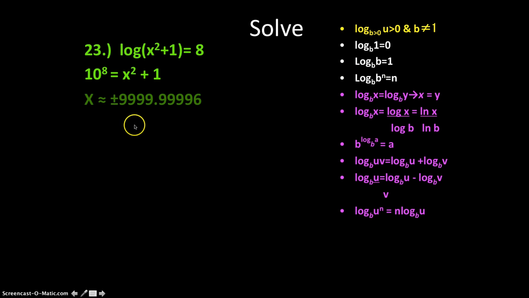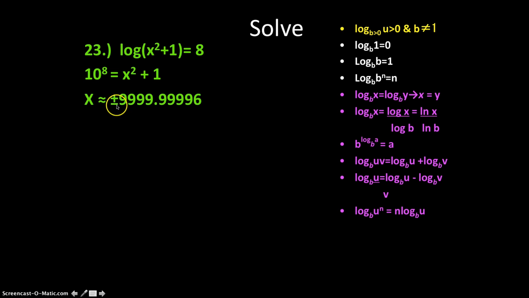Subtract the 1 to the other side, and then that's equal to x squared, and then we have to square root it. This, of course, ends up giving us approximately the square root of 10 to the 8th, which is 10 to the 4th, which is 10,000. This little 1 here, when it's subtracted from it, drops us slightly below 10,000.